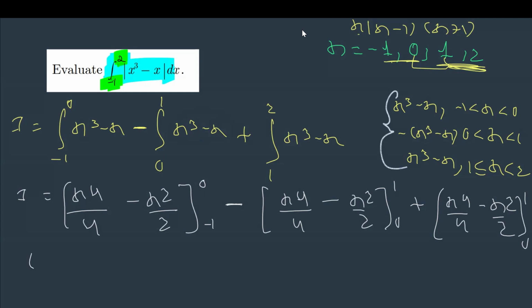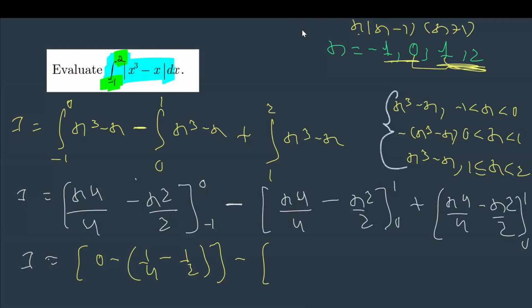So now let's solve this. If I place the limit, the upper limit is 0 here. So placing x as 0, we are going to get 0, right? And a minus sign over here, placing x as minus 1, so this is positive 1 over 4. So this is 1 over 4 minus, again placing x as minus 1, it will give you positive half.